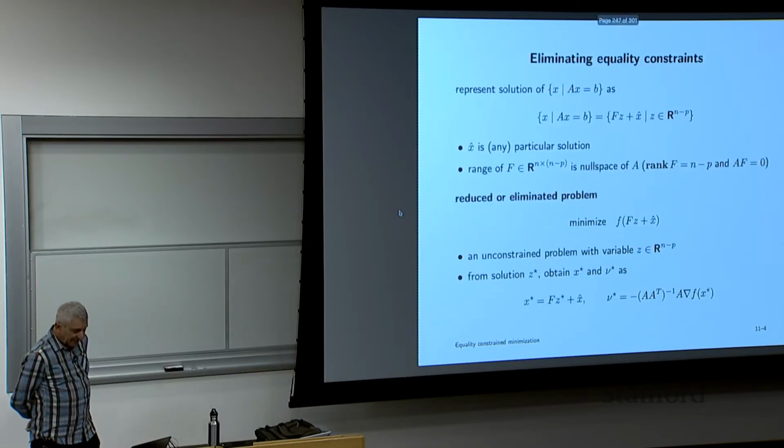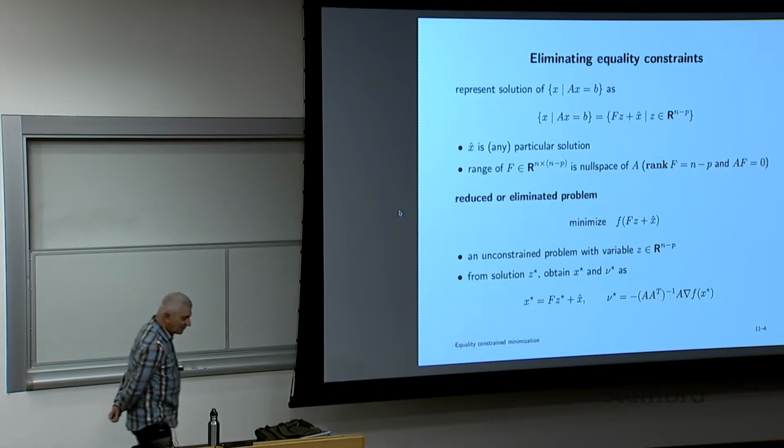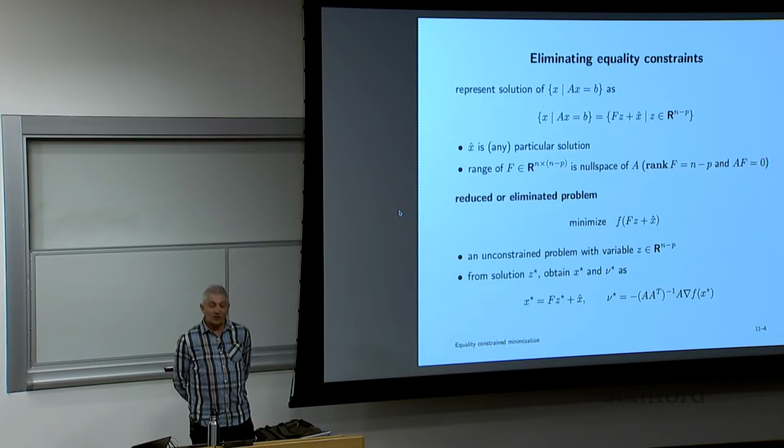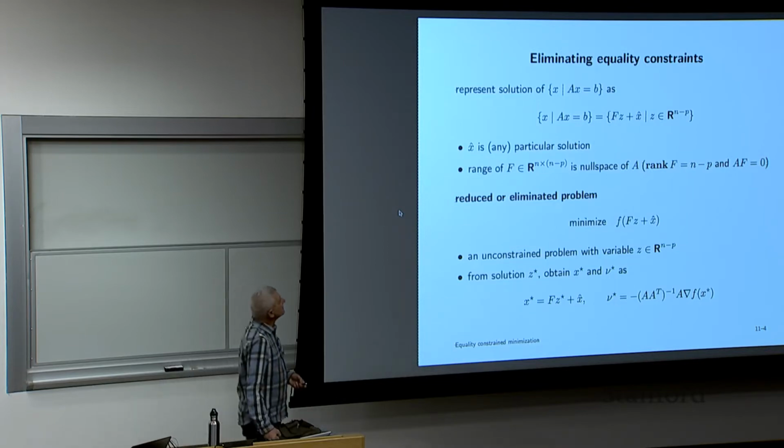Okay. So the first thing, I don't know if you remember, but basically in week 2, I pointed out you could actually eliminate equality constraints. You just don't need them, right? We can just get rid of them and pull them back. It doesn't make any difference. And the way you do that is if you have an equality constraint Ax equals b, then you parameterize it as the image of an affine function, right?